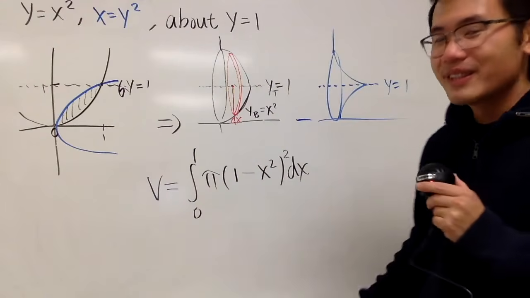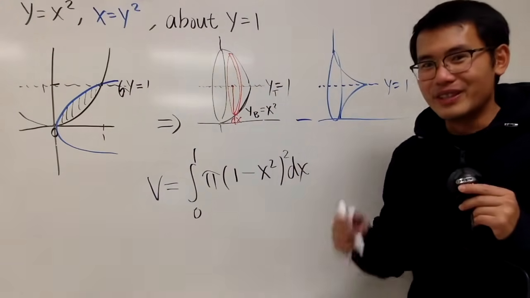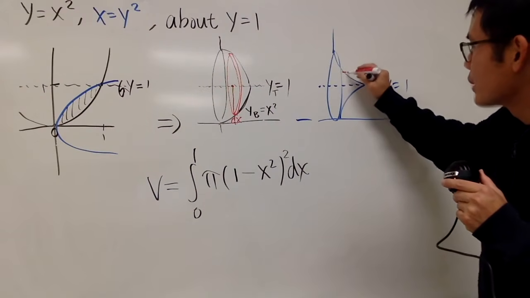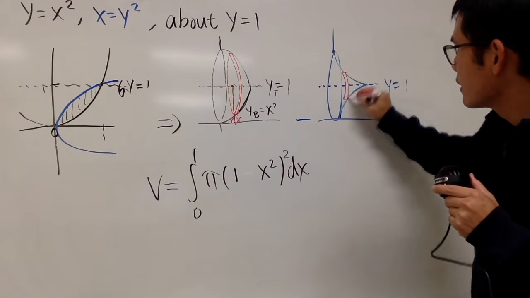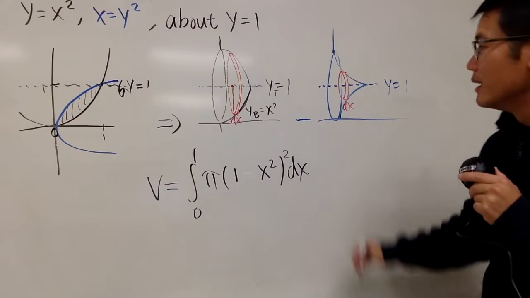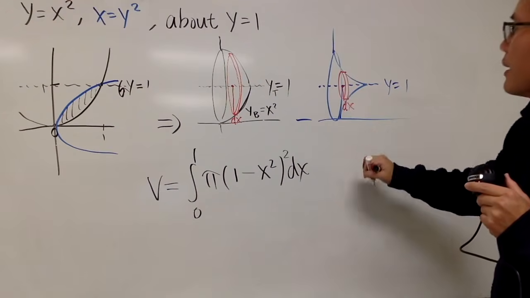Just like that. Okay? Now, don't worry, we have another one, so we can do another practice. Have a look here. This time, I will just try to draw this for you guys real quick. Again, dx is what we are talking about, and we are looking for the radius from here to here.